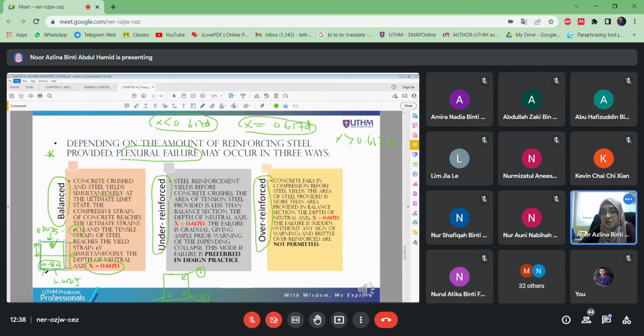Might be this one is just nice. Steel reinforcement, let's say 2H20, just nice. It fails simultaneously at the same time as the concrete. Then another engineer designs it as under reinforced, where you reduce slightly the number or the size of the reinforcement, let's say 2H16.